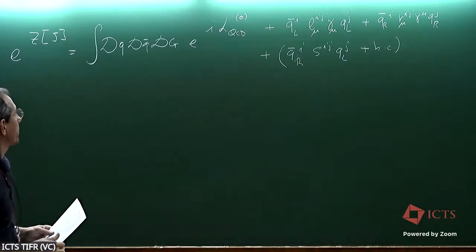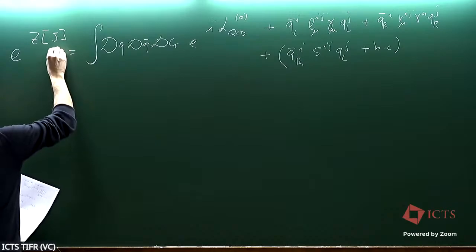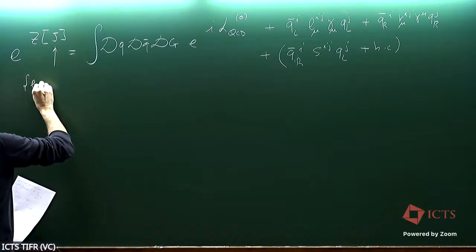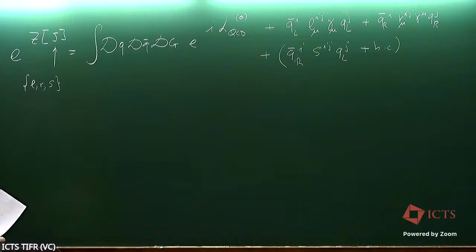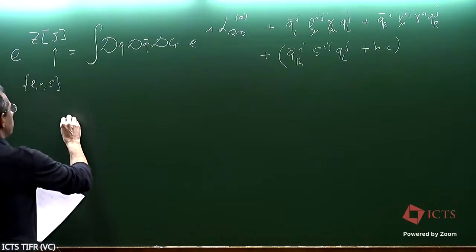Okay, you remember we were there. For me, this J is the full set of L, R, and S. And the idea is that we want to build a representation of that via the chiral field.